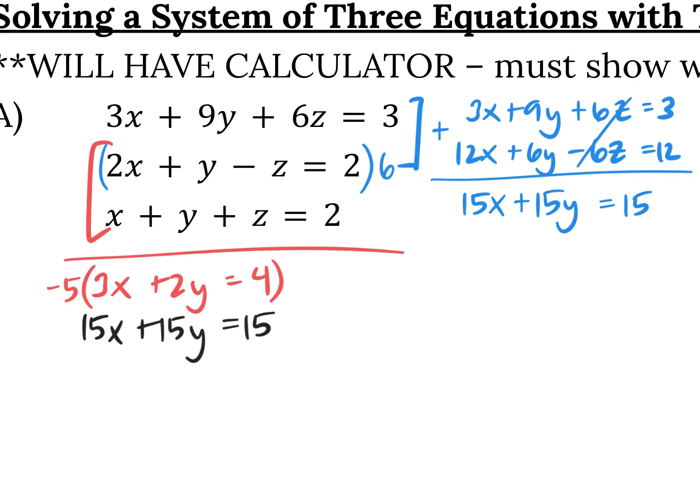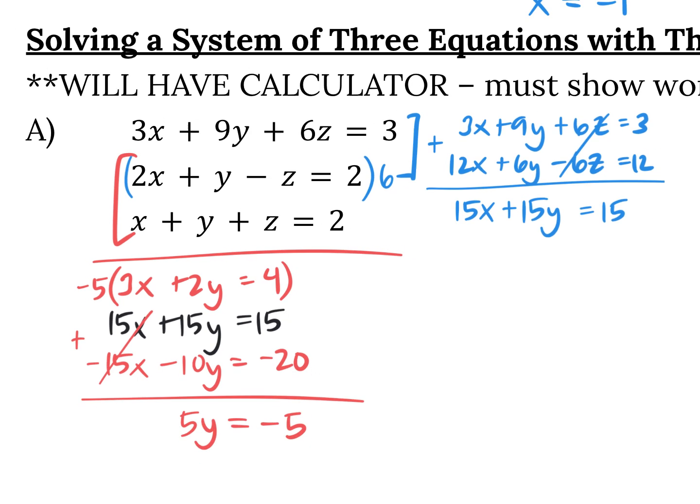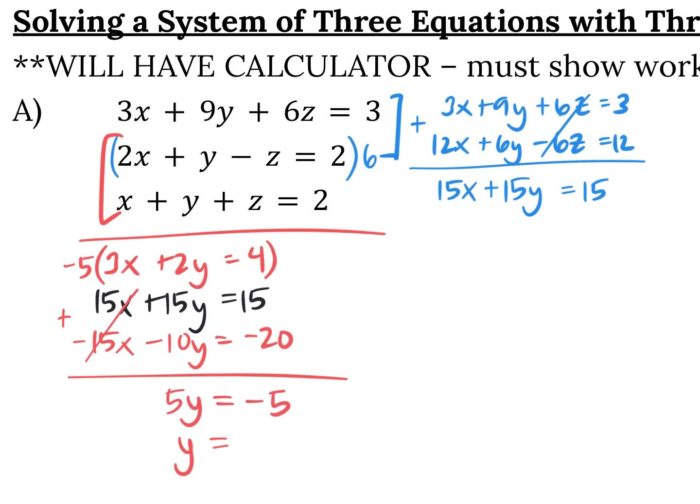When I multiply by negative 5, I get negative 15x minus 10y is equal to negative 20. So I can add these together. The x's go away. I'm left with 5y is equal to negative 5, which means that y is equal to negative 1.